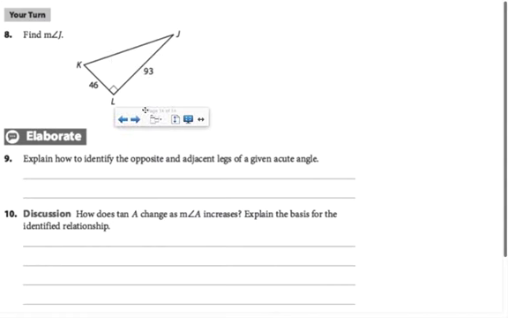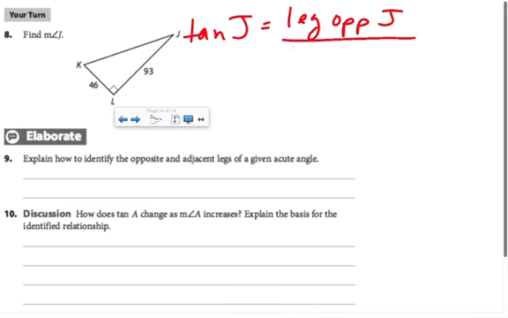In this your turn example, we're doing the same thing. We're finding angle J. Okay, so remember that tangent of J equals leg opposite J over leg adjacent to J. Opposite angle J, we have 46.